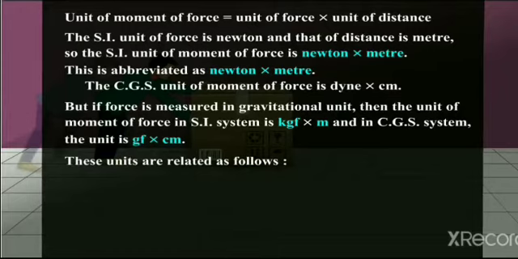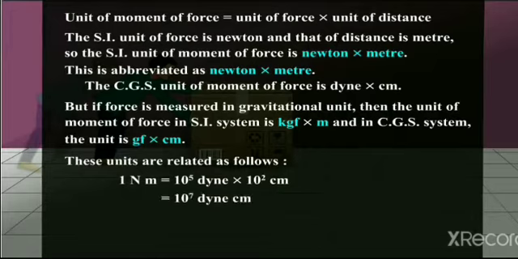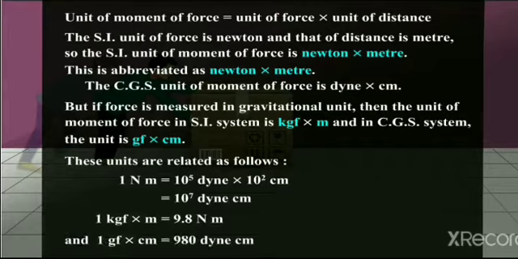These units are related as follows. 1 Newton meter is equal to 10 raised to 5 dyne into 10 raised to 2 centimeter, which equals 10 raised to 7 dyne centimeter. 1 kgf into meter is equal to 9.8 Newton meter, and 1 gf into centimeter is equal to 980 dyne centimeter.